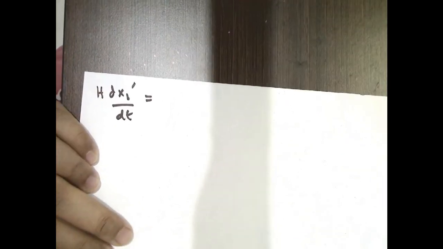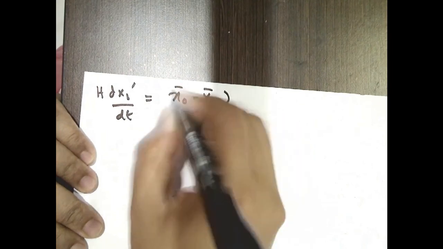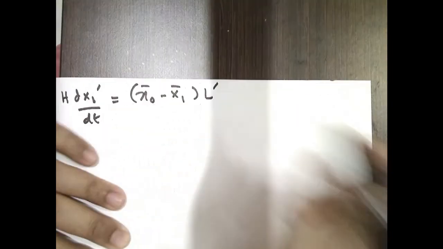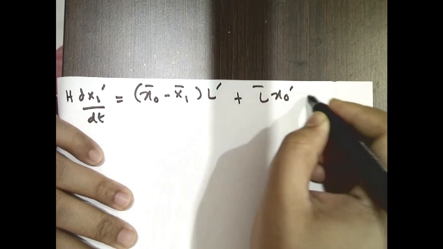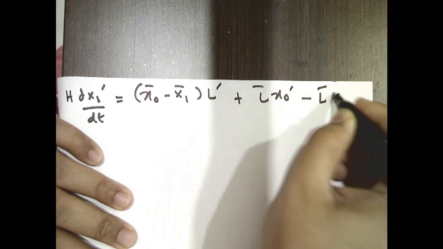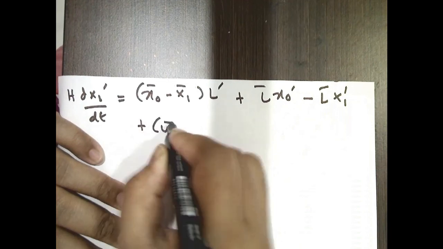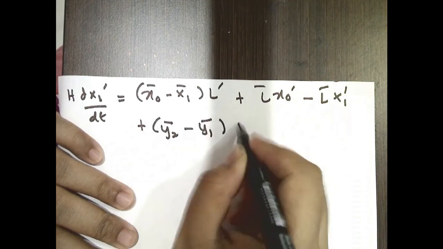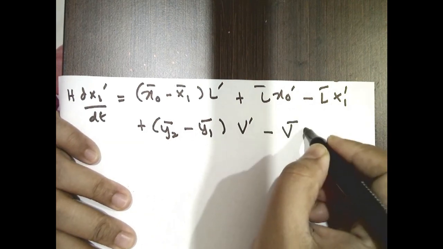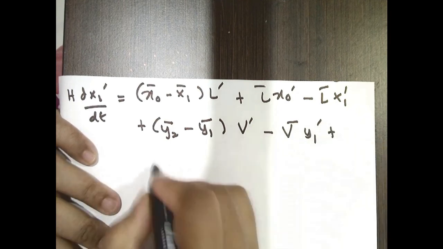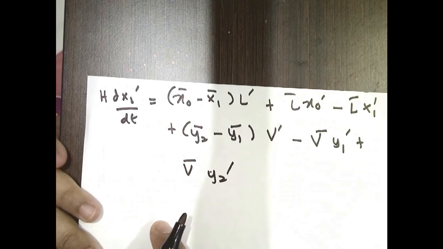So just substitute. So we get x naught minus x1 bar L prime plus L bar x naught prime minus L bar x1 prime plus y2 bar minus y1 bar v prime minus v bar y1 prime plus v bar y2 prime. Okay, so you will get this equation.